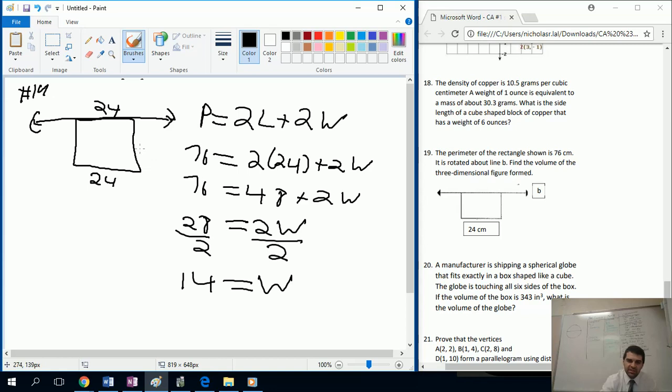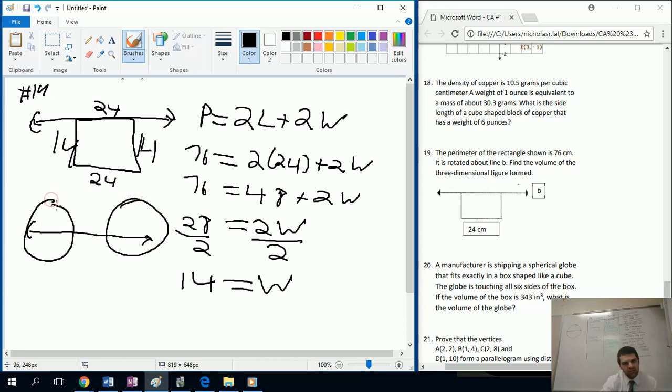Now, we rotate this, and it's going to create a cylinder. So when we rotate this around our line, it's going to rotate the rectangle.